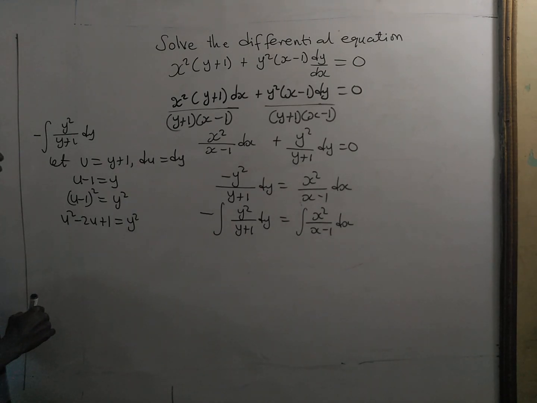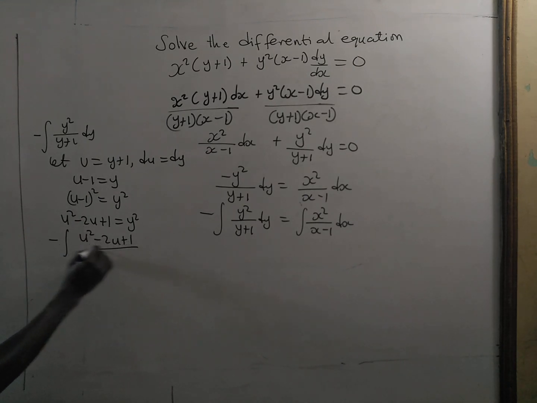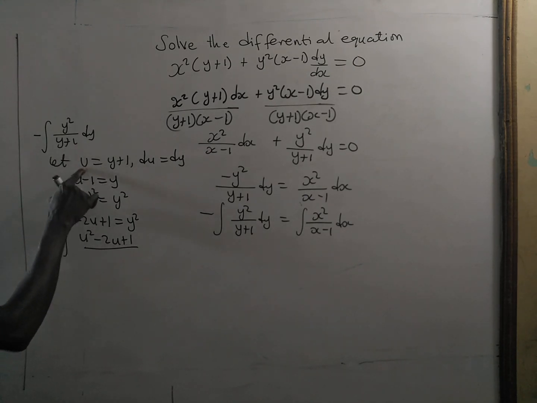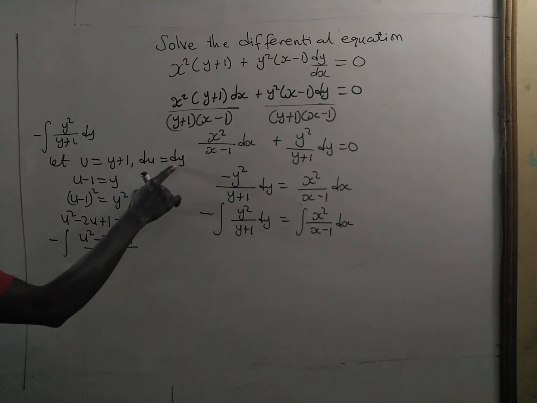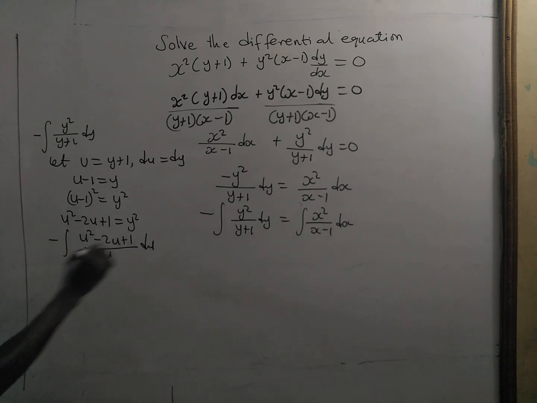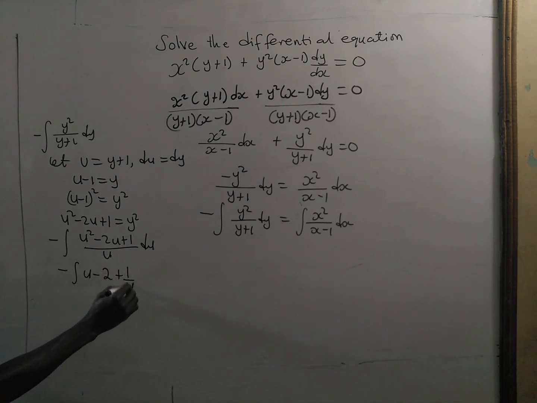Very simple as that. Okay, so we have negative integral of y squared, which is u squared minus 2u plus 1, and y plus 1 is u. Then dy is du. So this will give us negative integral of (u minus 2 plus 1 on u).